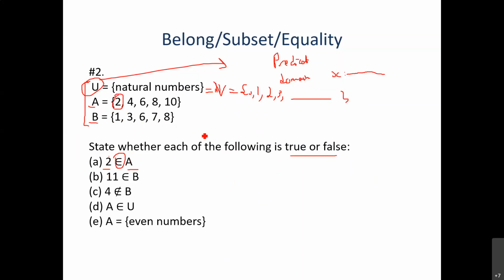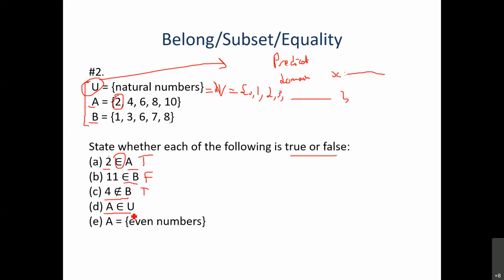It's in the set, so it belongs to the set. True. Does 11 belong to B? No. There's no 11 here, so this is false. 4 does not belong to B. This is true. The element 4 is not in the set B.